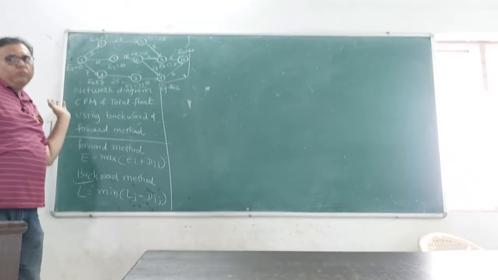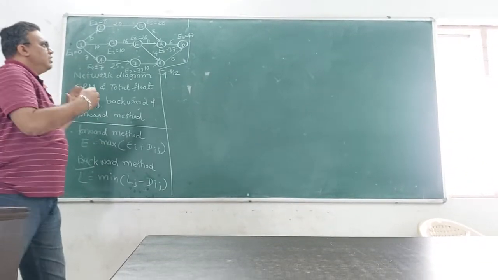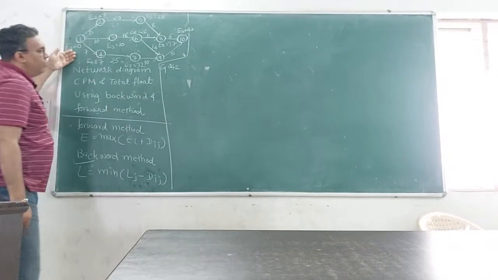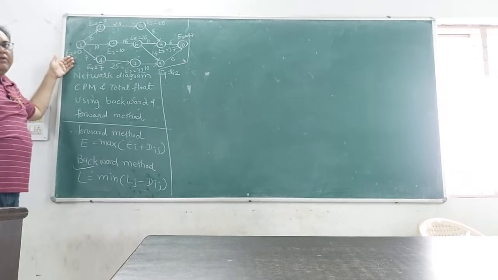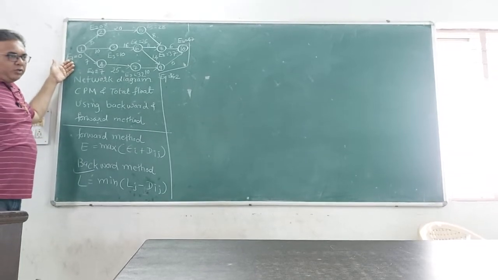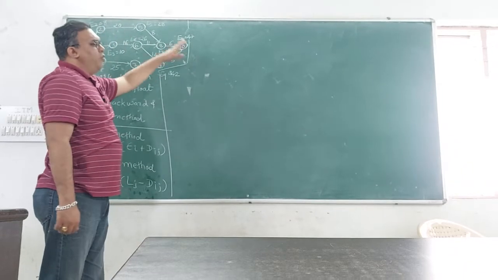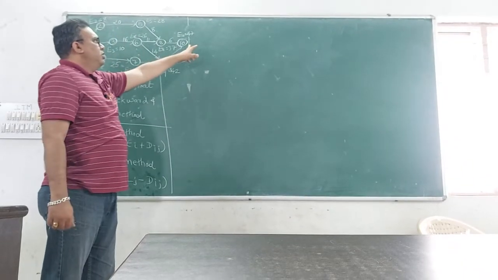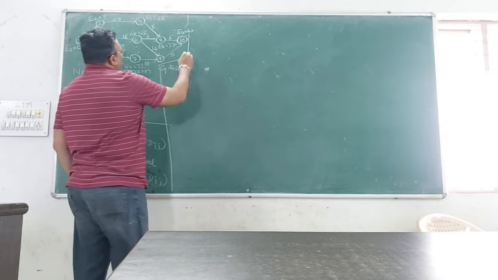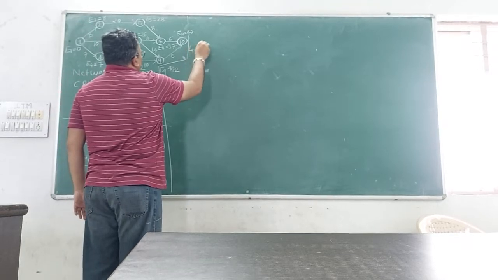We have to come back, so initially we consider the value as 0. So from the last to first, we have to consider L10 is equal to 47.